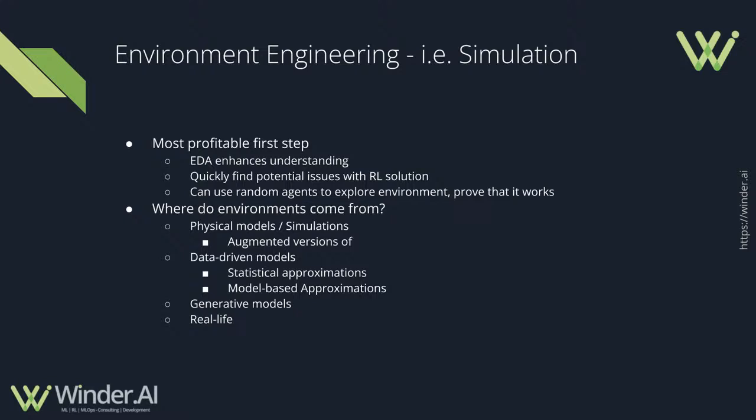So where do these simulations and environments come from? Most of the time we attempt to simulate it, and by that we either mean that there is a simple physical process that we can model, or we can build a data-driven model. Basically, we can learn a simulation from some data. You can use generative methods, which is another way of learning a simulation from a model, or you could use real life.